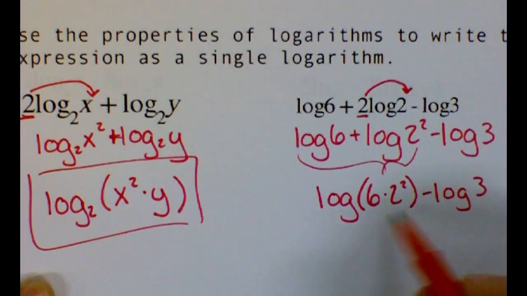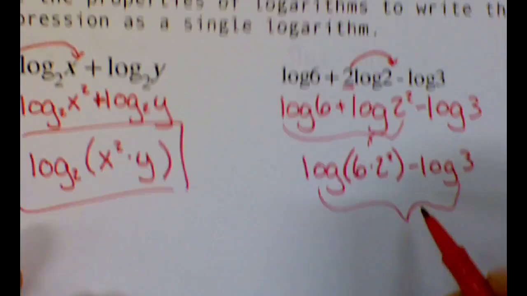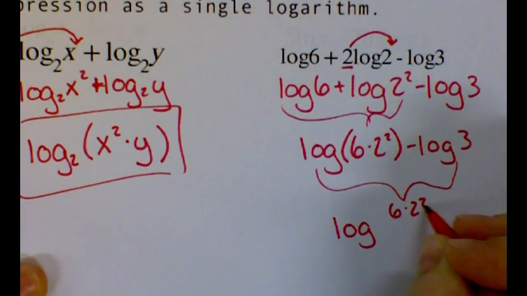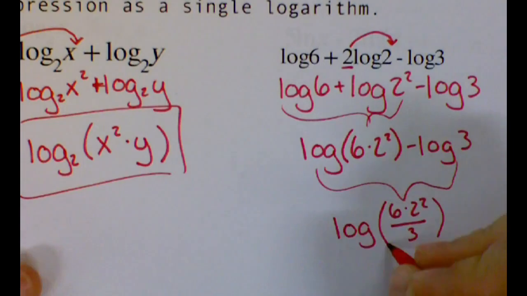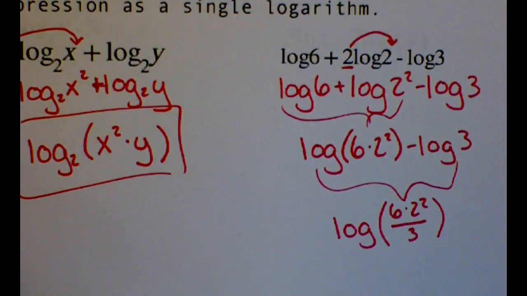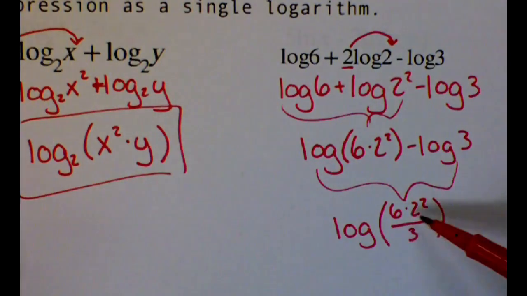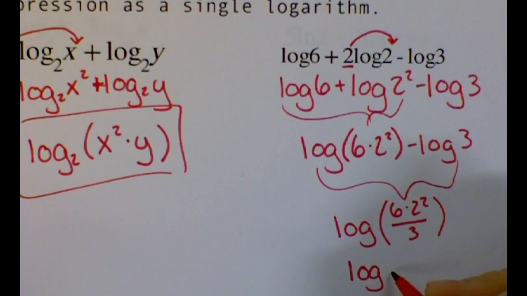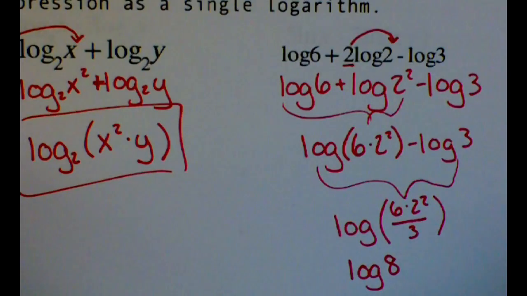Well, subtraction can combine to become division. So I have log of 6 times 2 squared over 3. Notice all of that is inside of the logarithm. This one's also funny because I can figure it out. 6 times 2 squared is 24, divided by 3. This is actually the log of 8.